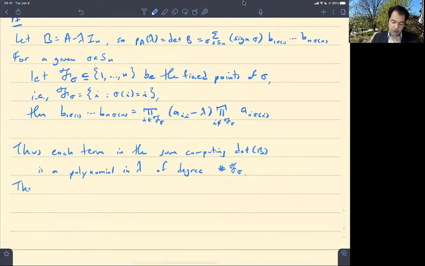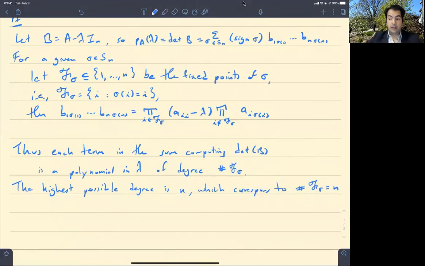The highest possible degree is n, which corresponds to when F sigma has n elements. But if F sigma has n elements, then the permutation fixes all of the elements between 1 and n. So that means that sigma is equal to the identity permutation.